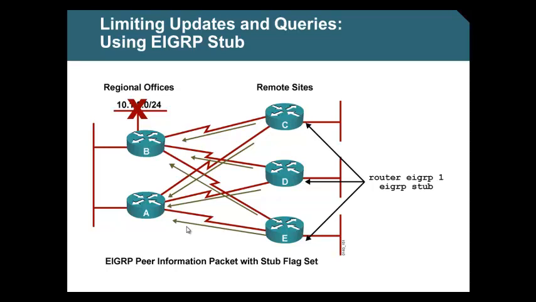If this query is related to the static route which I have, I'll accept. The rest of the things I don't know. That don't know was not there before configuring stub. Only after you configure stub, the router says what it knows and what it does not know. That solves the problem.